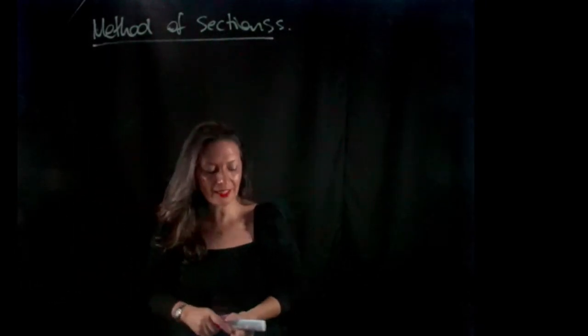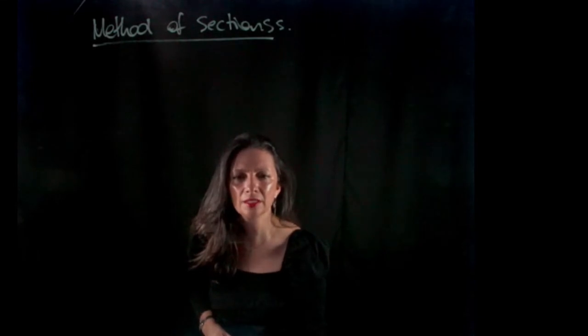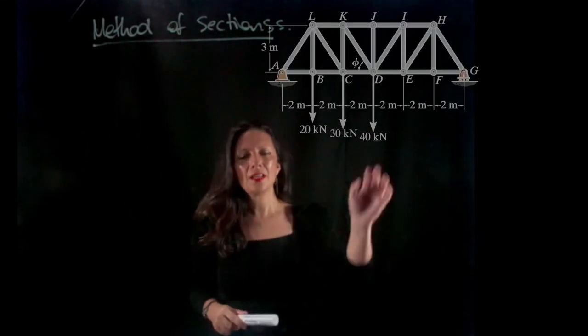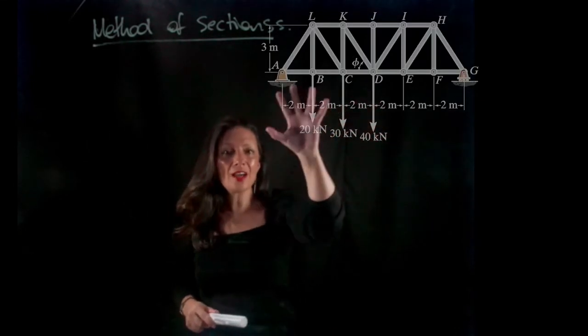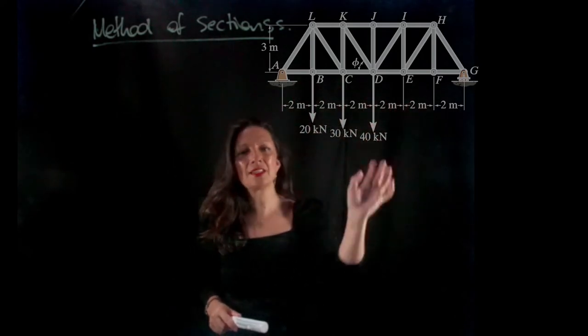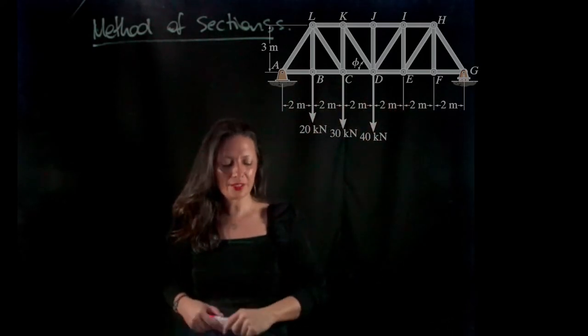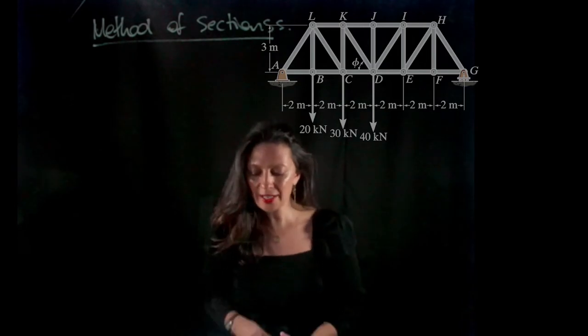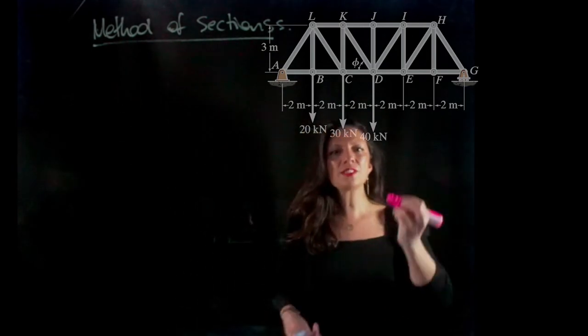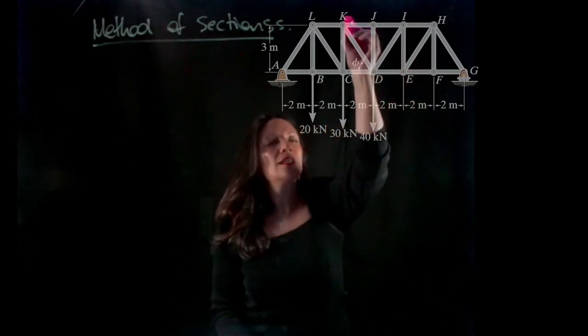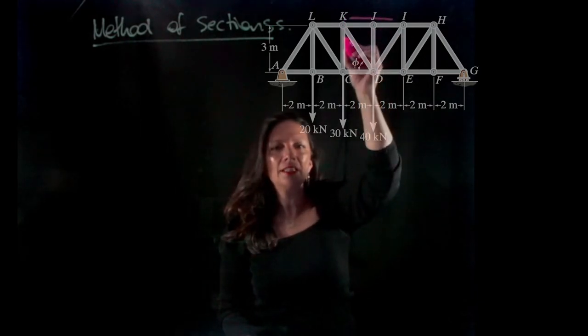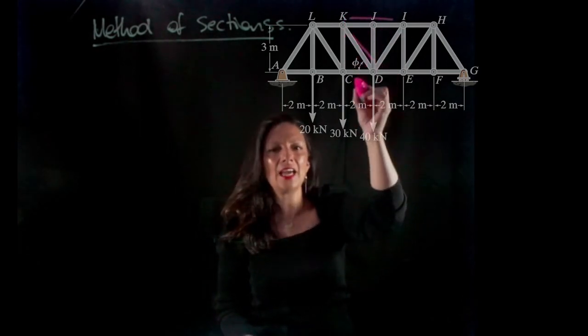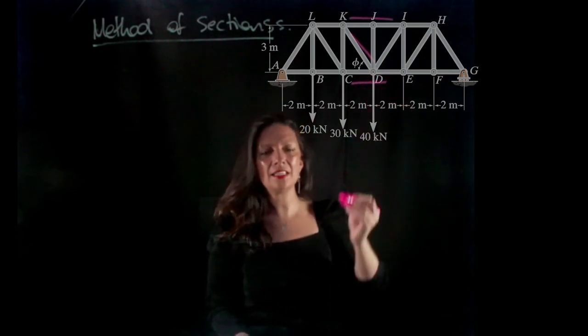So if I take a look at this problem over here, now I have a much more complicated truss than I did when I was looking at method of joints. So the question actually asks me to find the force in members JK, KD and CD.